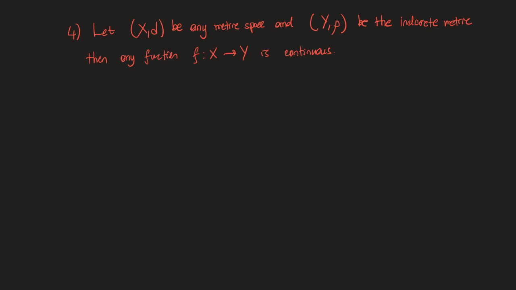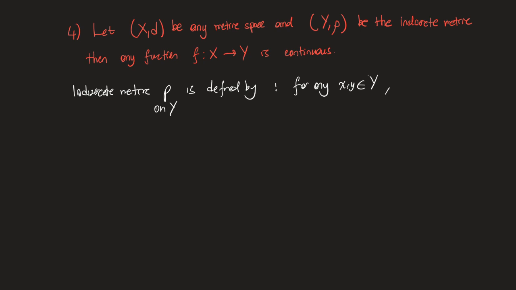Okay, so in the indiscrete metric, rho is defined by the following data: for any x, y from Y, rho of x, y is always 0.